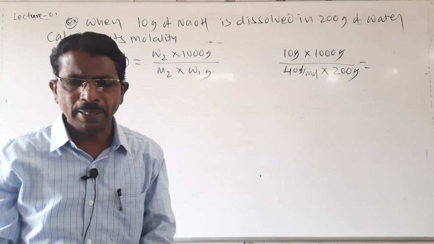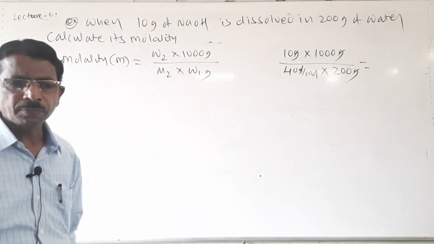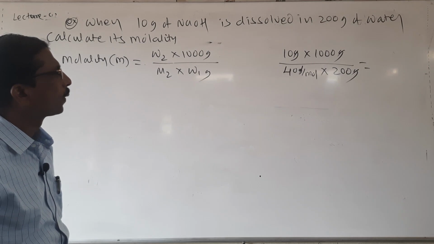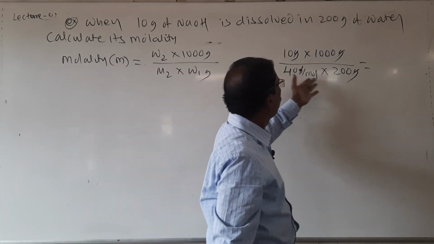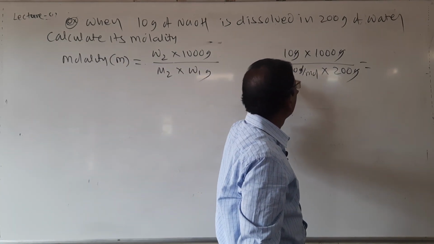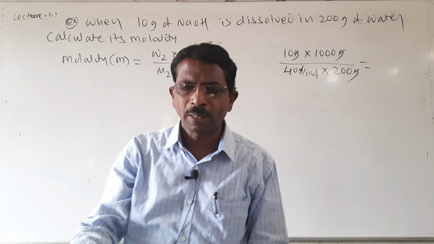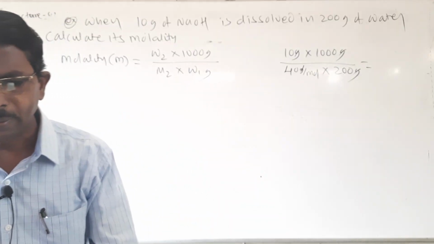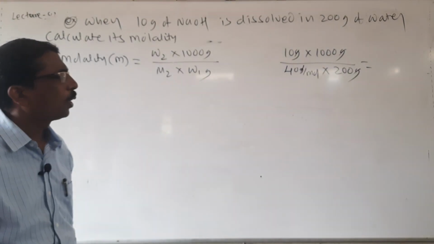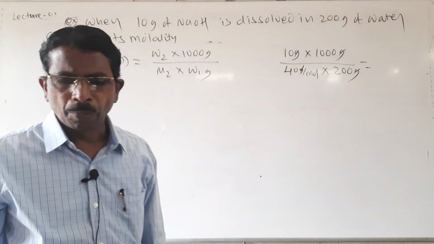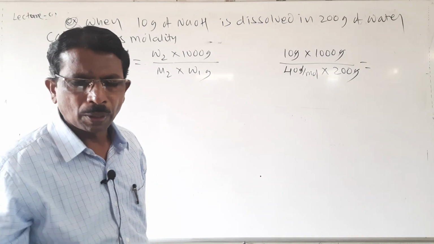So what is the answer here? Here you will get 8000 divided by 200 into 40, and the answer is 1.25 mole per kg.